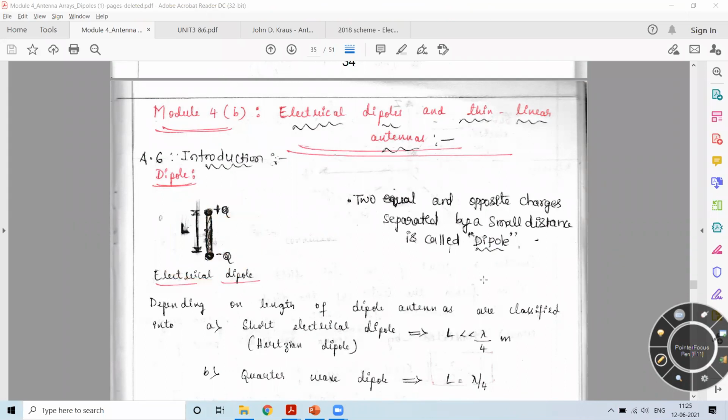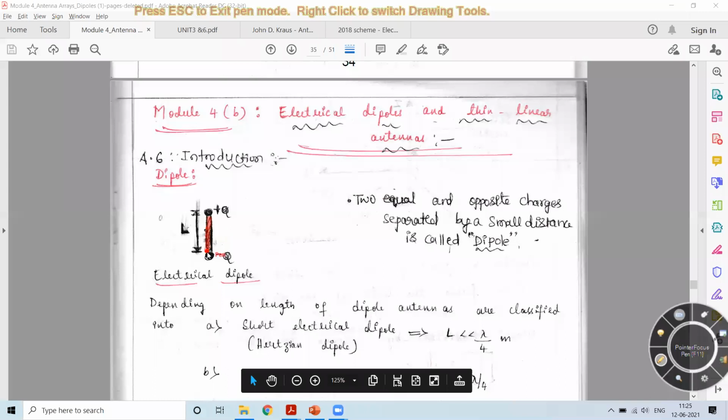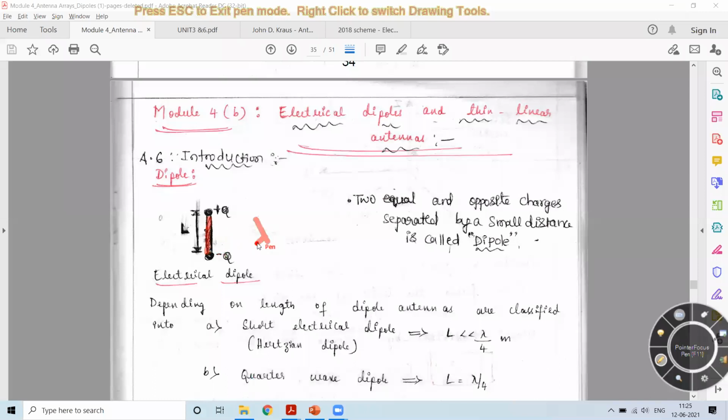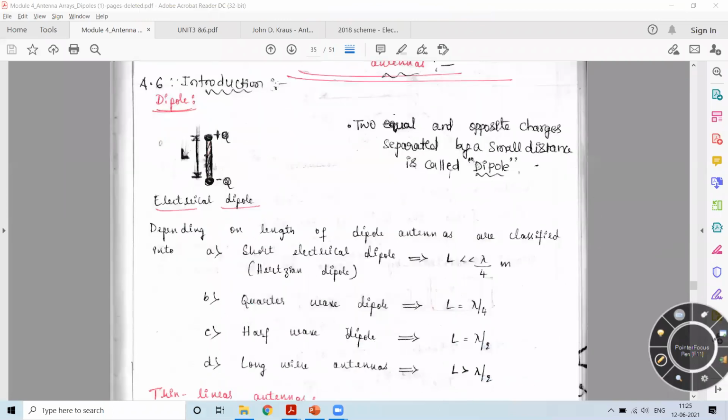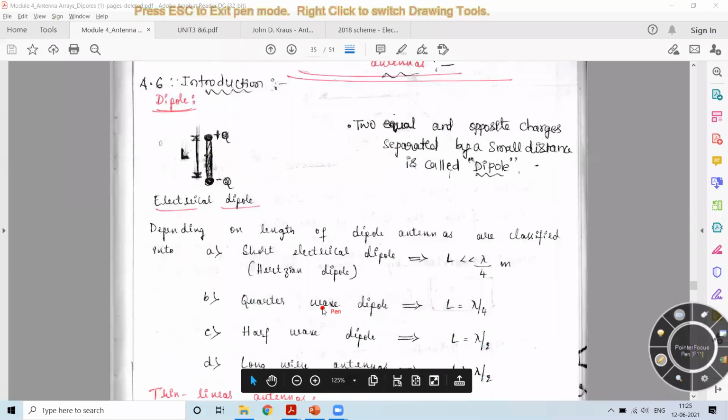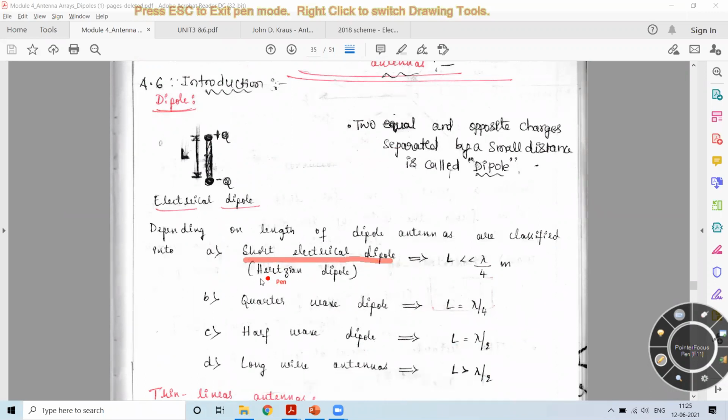Now, based on the distance between these two charges and the operating wavelength, we can have some classification of dipoles. So what are those classifications? A dipole can be classified as a short electric dipole, sometimes termed a Hertzian dipole. When do we call this case?